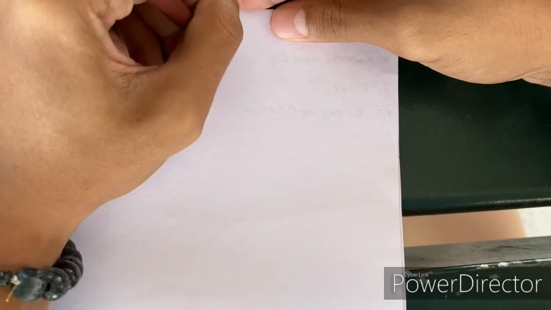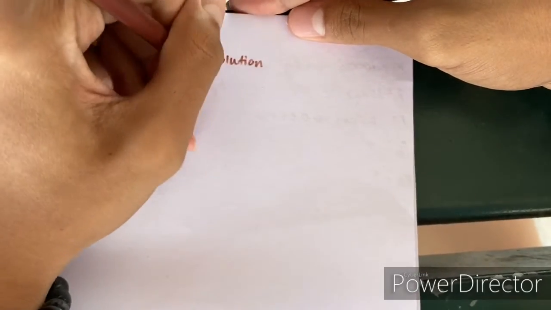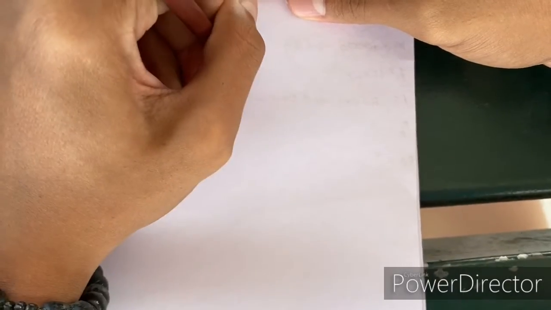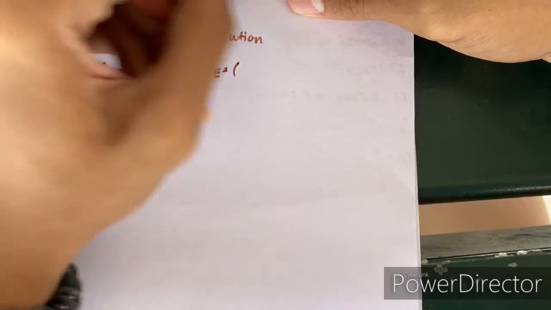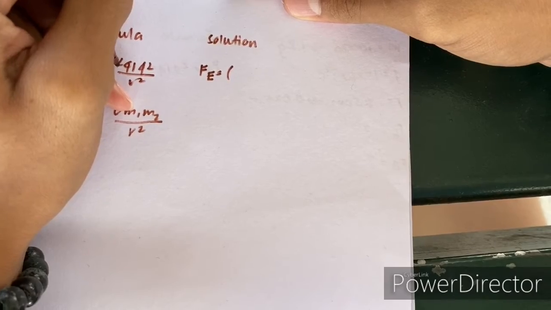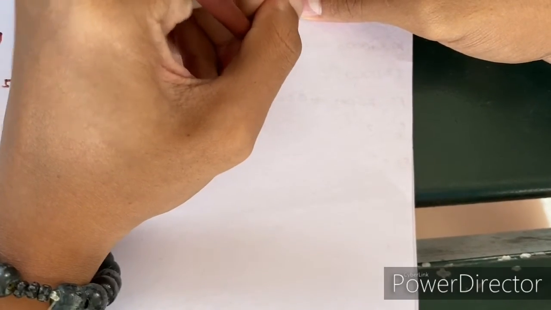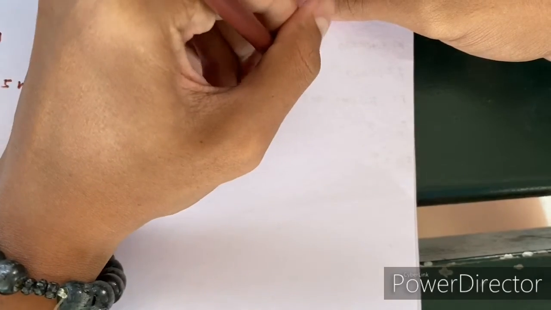Solution: the value of k is 9 times 10 raised to 9 newton meter squared over coulomb squared.